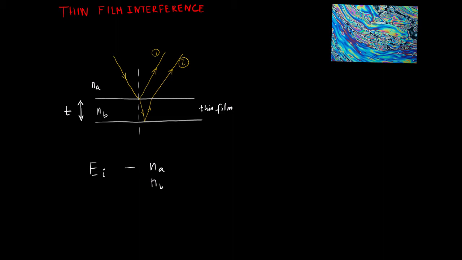The amplitude of the wave reflected from the surface, let's call it E reflected, can be shown to equal (NA minus NB) over (NA plus NB) times the amplitude of the incident wave, and this is for normal incidence.